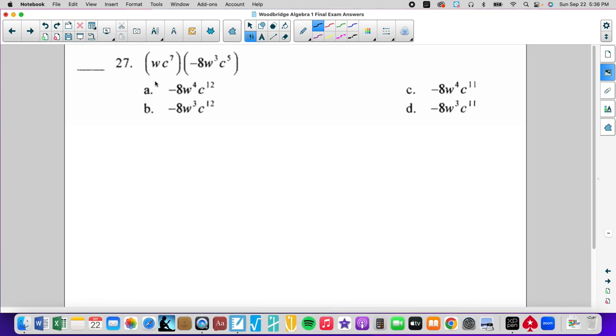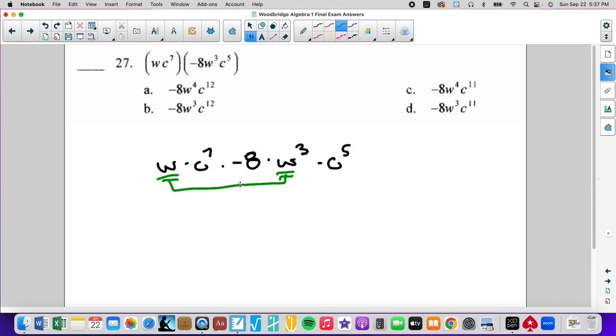All right, we're going to multiply these. So this really says W times C to the 7th times -8 times W to the 3rd times C to the 5th. And we're going to combine like bases. When we multiply like bases, we add their exponents.